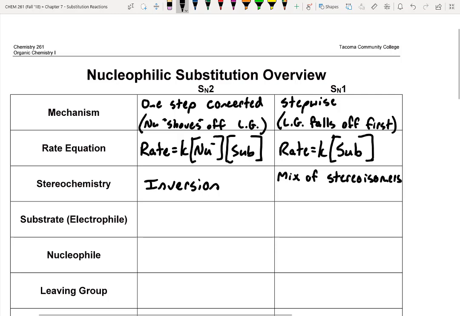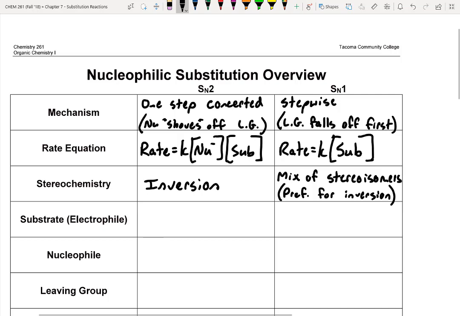However, there is a preference for inversion as well for this one. All right. So stereochemistry for Sn2, you get one product. For Sn1, you might get more than one product, assuming you're making a stereocenter.